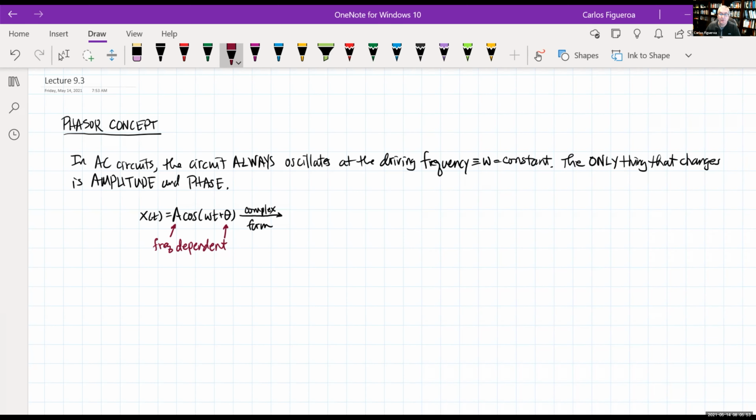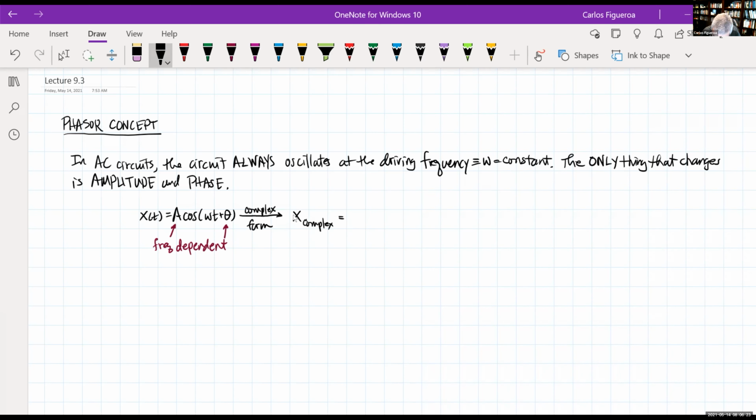So what we want to do is set it up so that we make it as easy as possible. When we transform into the complex plane, this function is now a complex function. The way we're going to write this is in polar form.